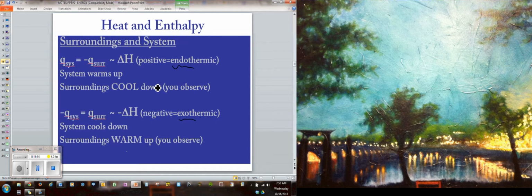Now we're actually going to put a symbol with it. We're going to look at endothermic as having positive enthalpy. What does that mean? Oh boy. We have Q with a sys and Q with a sur, and one of them's negative. This is the relationship between system and surroundings, because if you recall, energy needs to be transferred, and it's transferred in the form of heat.